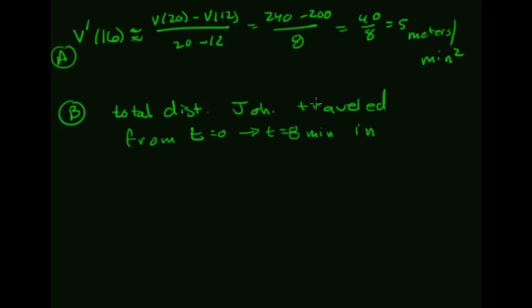Sorry, not 8, it's 40. 8 was last problem, right? So it's the total distance that she traveled in meters over the first 40 minutes, right? We're going to approximate this using a right Riemann sum.